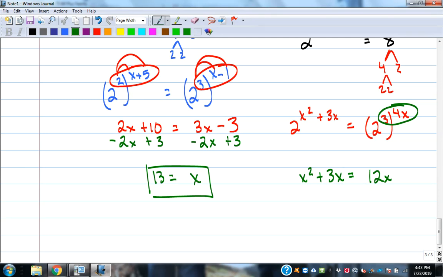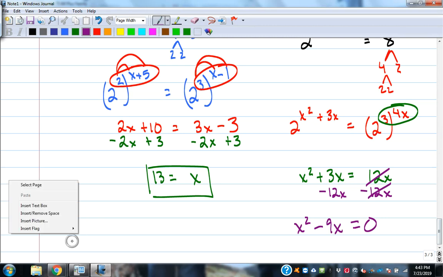Because it has an x squared in it, what do I need to get the problem equal to? 0. Subtract 12x. There's my 0 on one side. We've got x squared, and 3 minus 12 would be negative 9. So x squared minus 9x is equal to 0. And then I've got options as far as solving that goes.